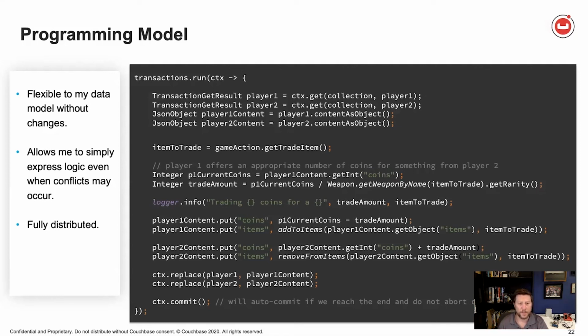Finally, I'd point out that the entire system is fully distributed. So it doesn't matter if you're running with one node or 100 nodes. When you're running with 100 nodes, that transaction logic is going to be distributed across the system. And only the minimal number of nodes you would have to talk to in order to achieve the transaction are involved in that transaction.